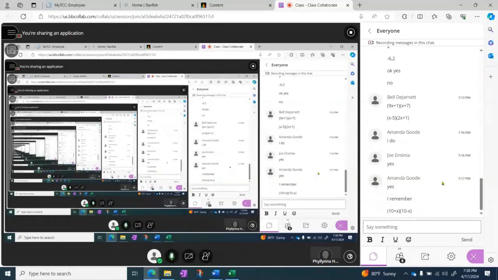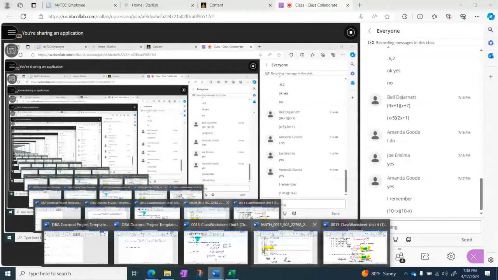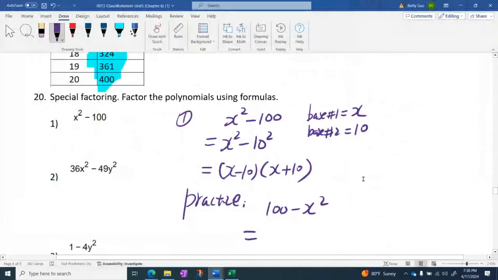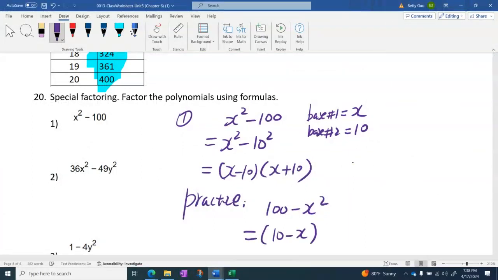Awesome. Very good, Amanda. Very good. What's the purpose of including this practice? I want to show you the order. Because in one parentheses, we have the difference, right? The other parentheses, we have addition.